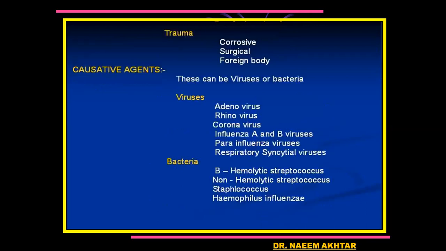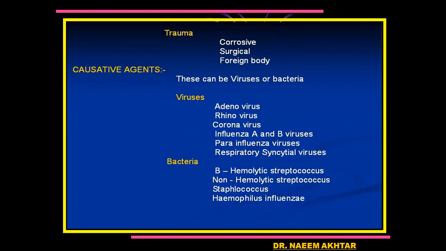Trauma sometimes may also predispose the pharynx to acute pharyngitis, for example, due to intake of corrosives, surgical trauma, or foreign body trauma. All these may predispose the pharynx to develop acute pharyngitis.